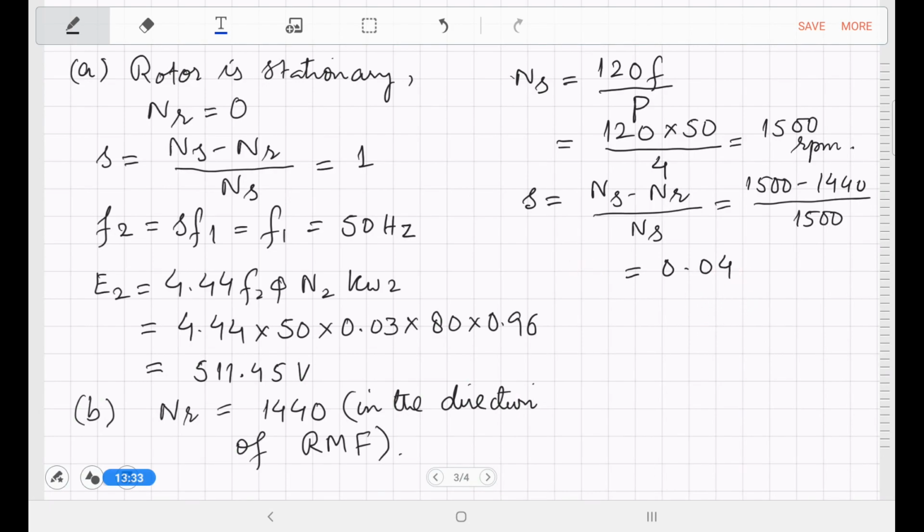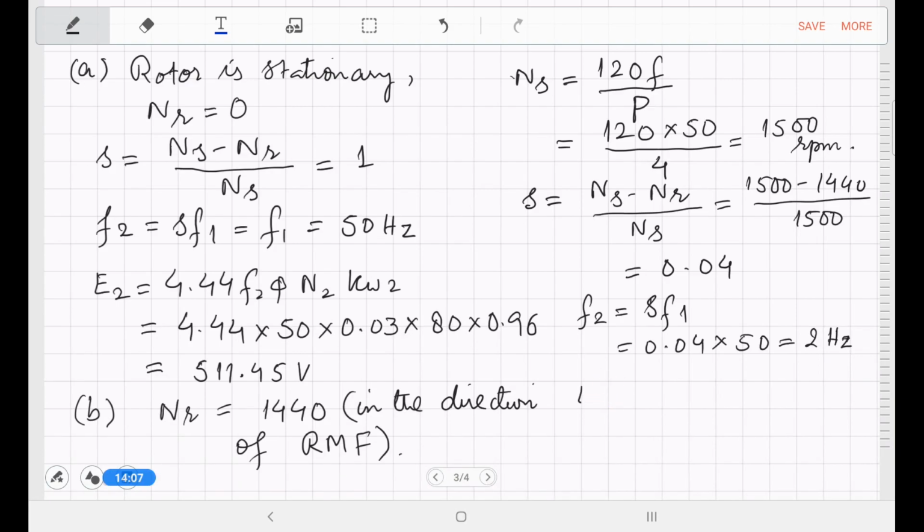And you should remember that under normal operating conditions, the slip of an induction motor is very small. It is of the order of 2 to 5%. Here it is 4%. And with this slip, the frequency of the rotor induced EMF F2 will be equal to SF1, which will be 0.04 into 50, which is equal to 2 Hertz. We see that the frequency of the rotor induced EMF is very small. It is near to DC.